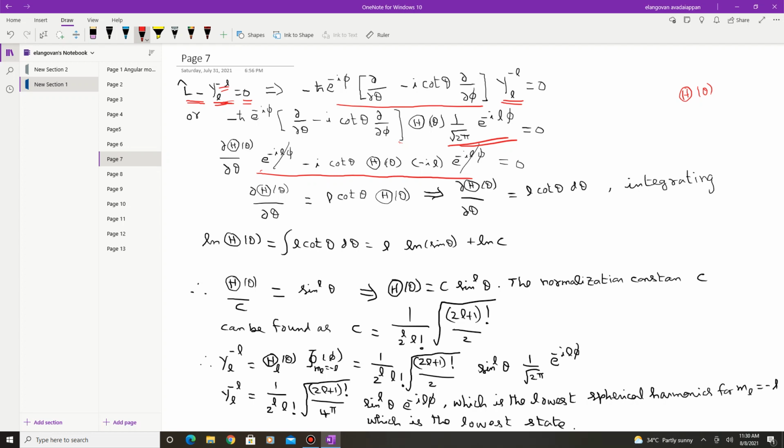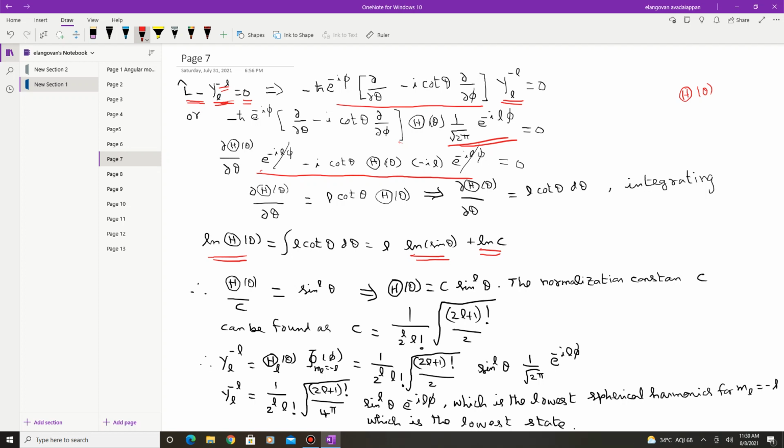Now let us integrate. If we integrate this side, this is the logarithm of Θ. The other side is the integral of l cot θ dθ, where l is a constant and can be taken outside. If we integrate cot θ, it will be the logarithm of sin θ, and the integrating constant is the logarithm of c.